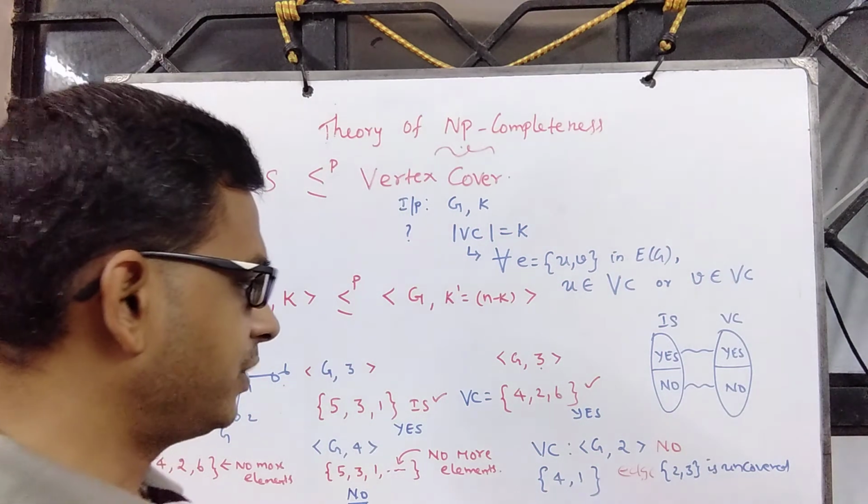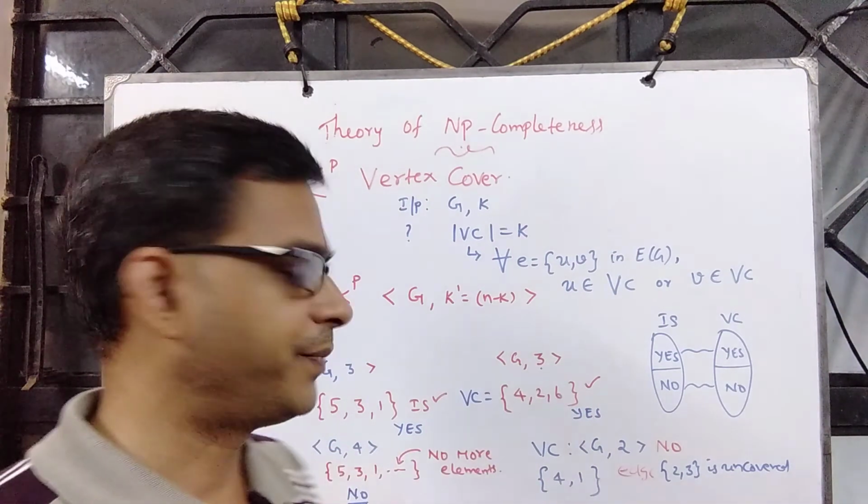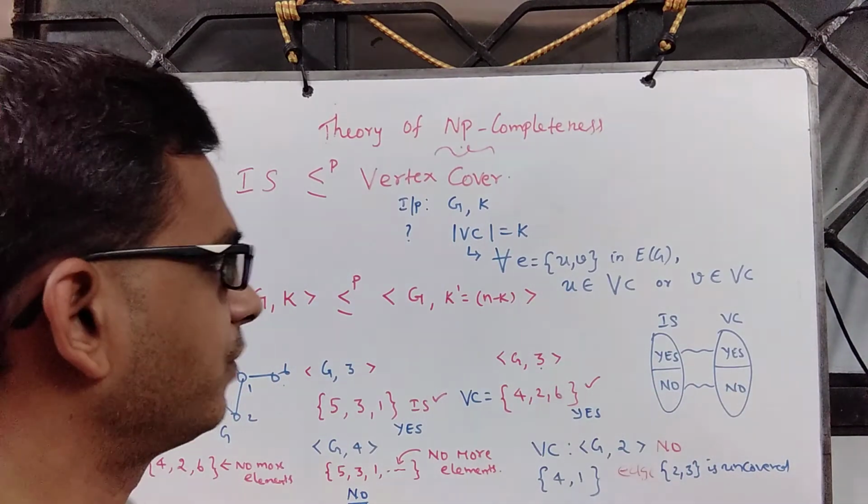Which means at least through this example, we are convinced that it is a solution preserving map. Yes of this is mapped to yes of this and no of this is mapped to no of this.